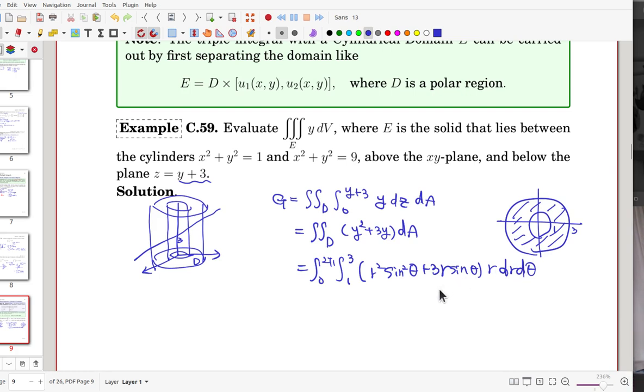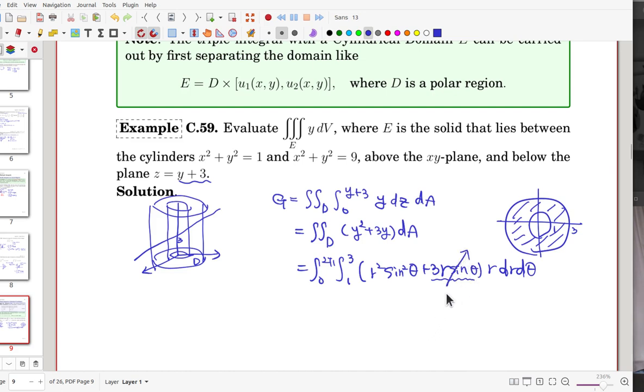Okay, we may consider this one separately. So for example, for that one, along with r, it's separable. And sine theta from 0 to 2 pi will make 0 because it's half positive, half negative. So eventually this term will make no contribution to the integral.